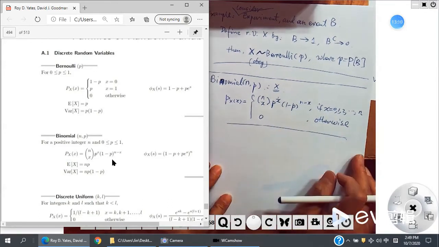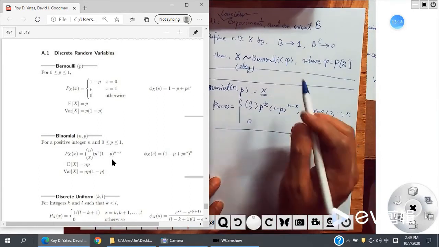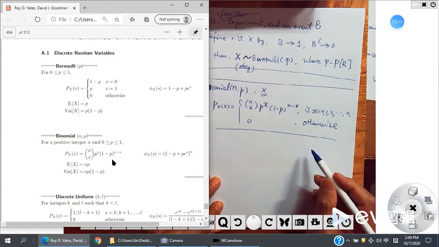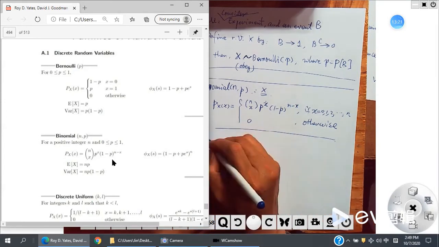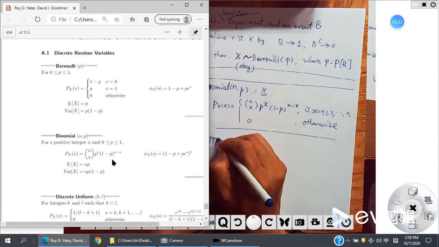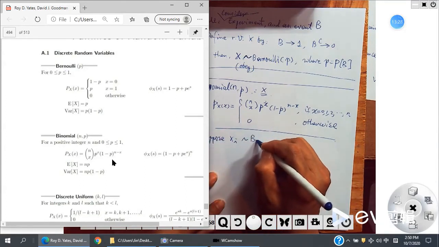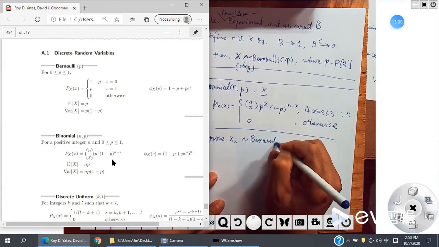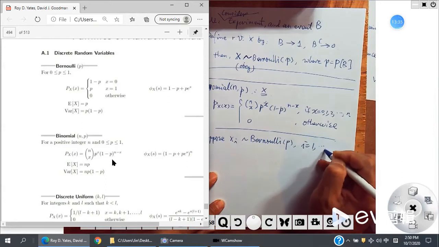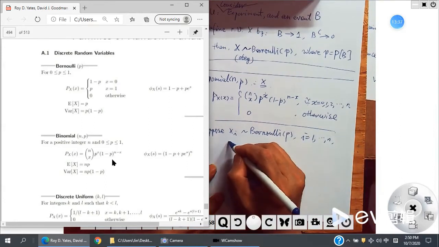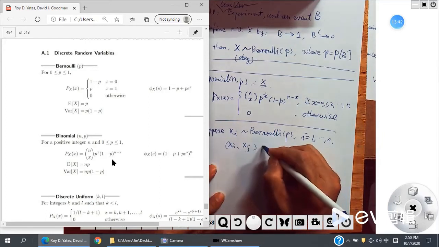This one is actually related to a model coming from the Bernoulli distribution. You repeat like this. Suppose Xi obeys Bernoulli(p), i runs from 1 to n, and Xi, Xj are independent.